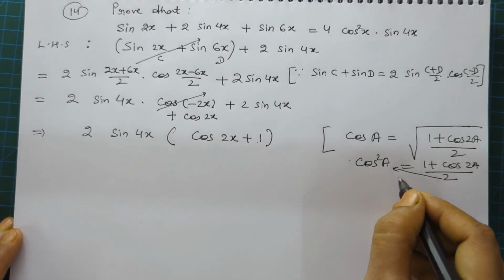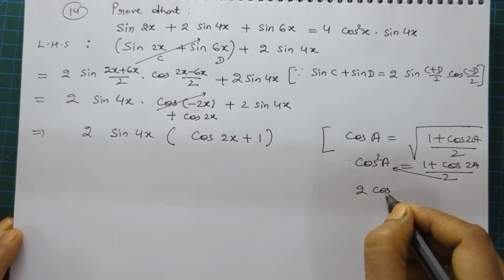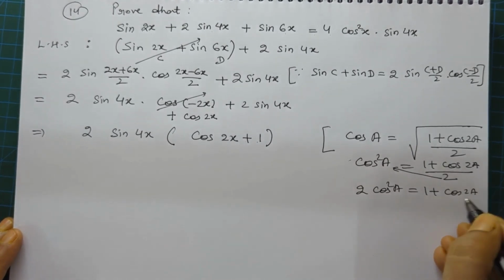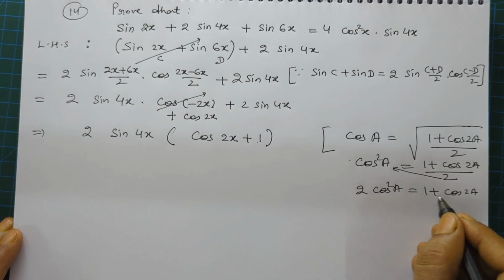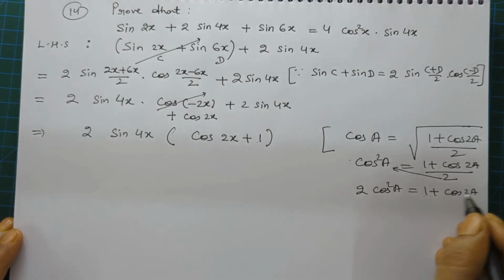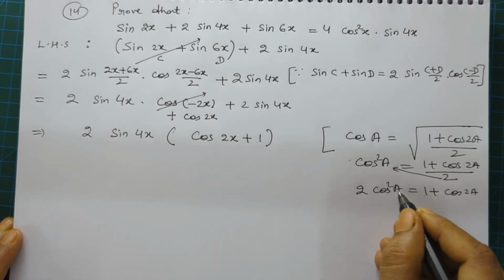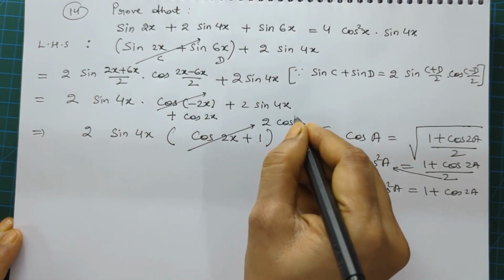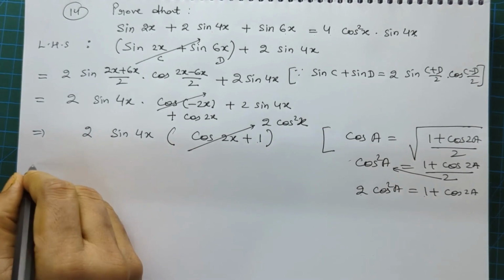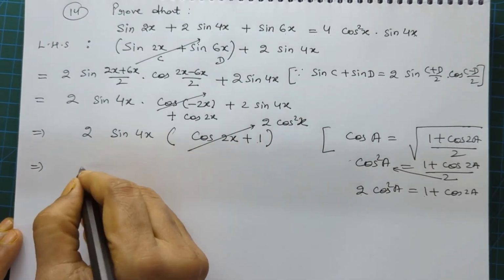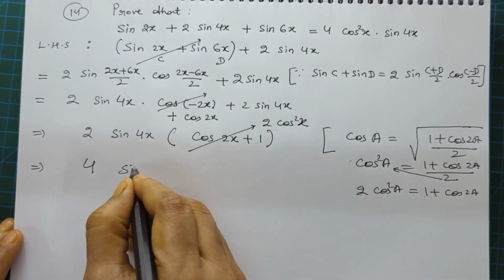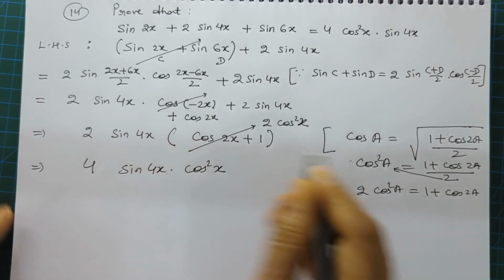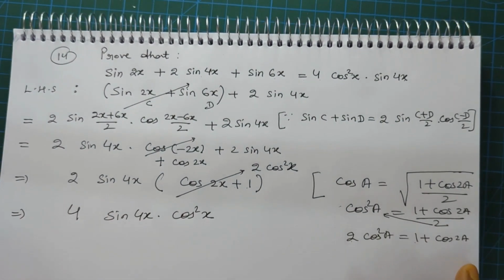A simple cross multiplication will give us 2 cos square A is 1 plus cos 2A. So what is 1 plus cos 2x? It is 2 cos square x. So this is 2 cos square x. Ultimately 2 into 2 is 4 sine 4x times cos square x, and this happens to be the right hand side.